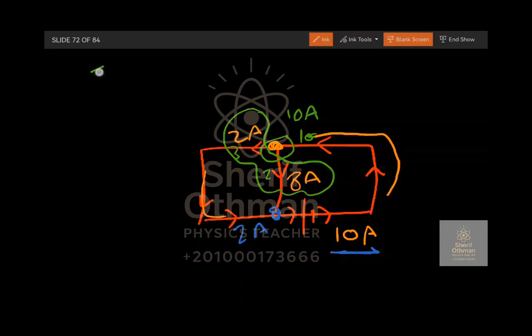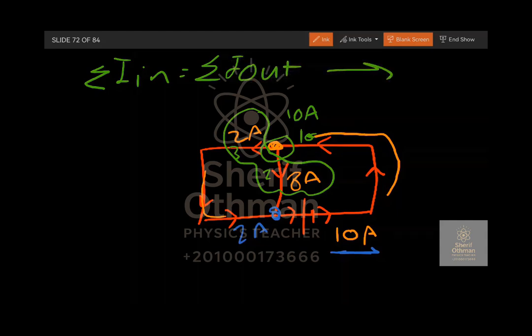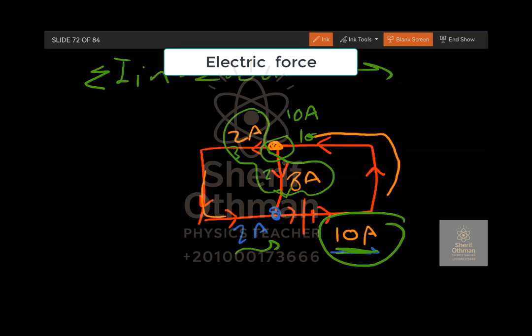So we can say that the summation of I in is equal to the summation of I out, which is Kirchhoff's first law. Here also 2 amperes are entering the joint, 8 amperes are entering the joint, and by the end 10 amperes have left the joint. So the same rule applies: the total current entering the joint is equal to the total current coming out of the joint.